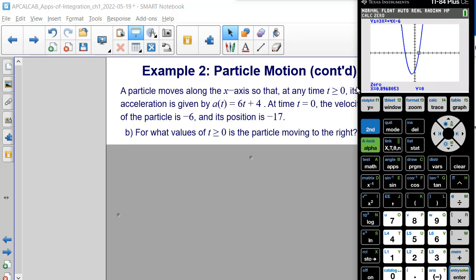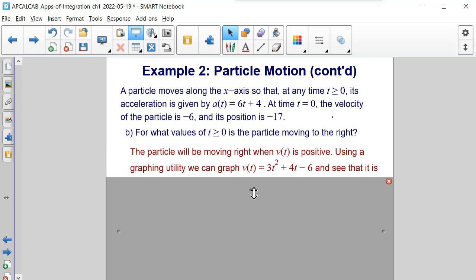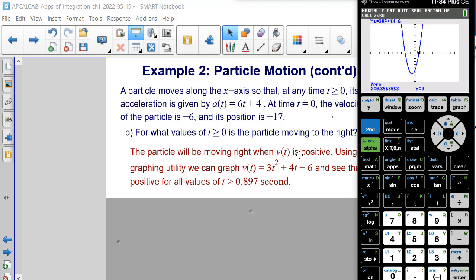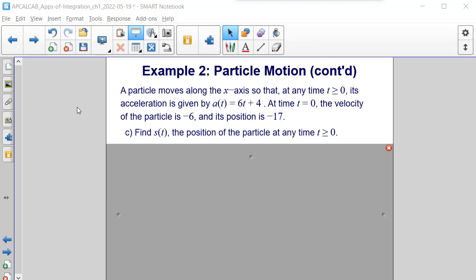And it tells us that this 0 is at about 897 thousandths of a second. So for any t value greater than 897 thousandths of a second, the velocity will be positive.